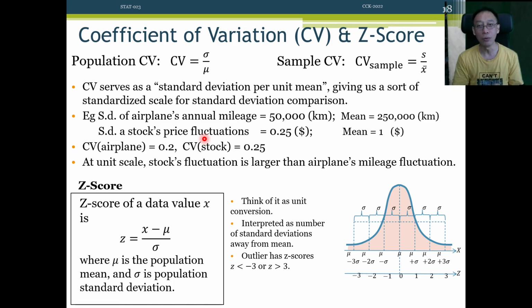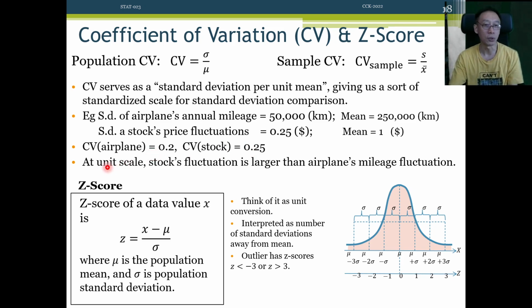It may not make much sense, but if you really want to compare, it's legitimate to say that the stock price actually fluctuates more on a per unit mean basis. You see, there's a nice point of reference. On a per unit mean basis, the stock price fluctuates more than the airplane's annual mileage.